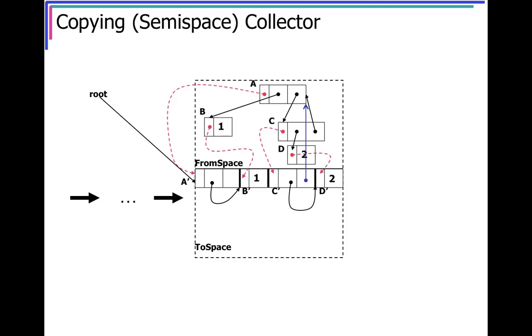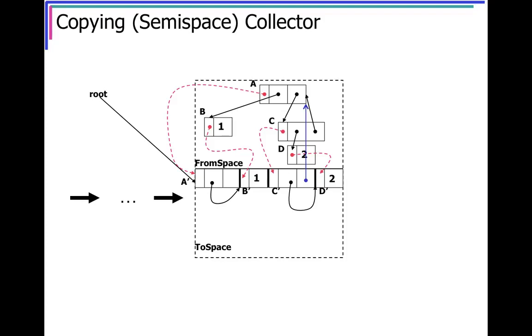Upon recursing backwards, we're going to return D prime's address. This causes C prime's left child to be updated to refer to D prime instead of D. We then chase C prime's right child. C prime's right child points to A. Since A has already been moved, we notice that because A's header has a forwarding address.